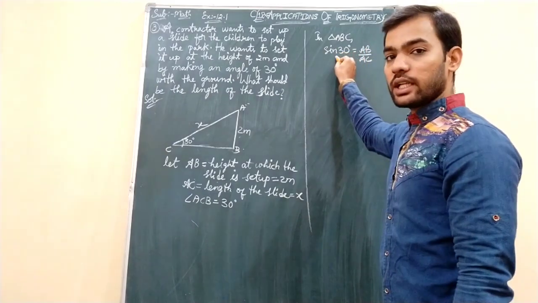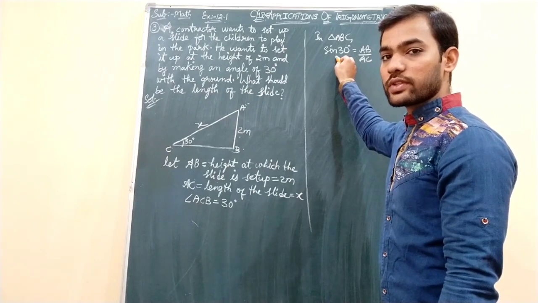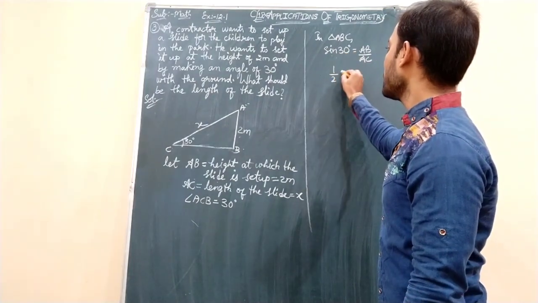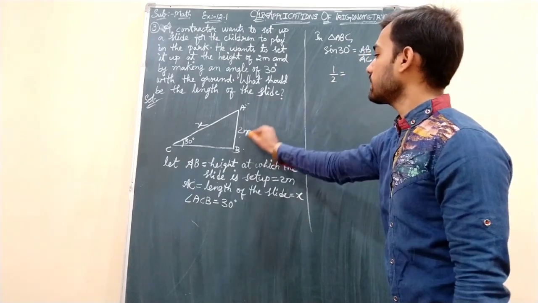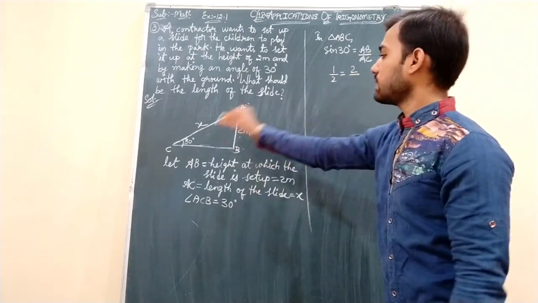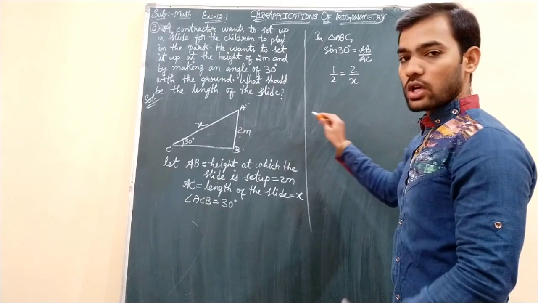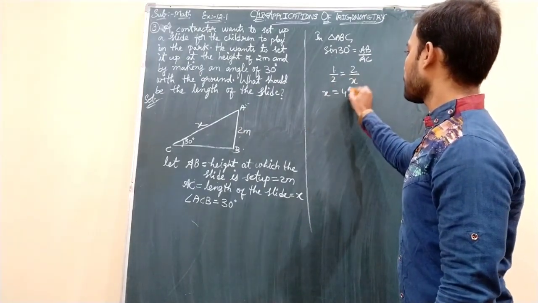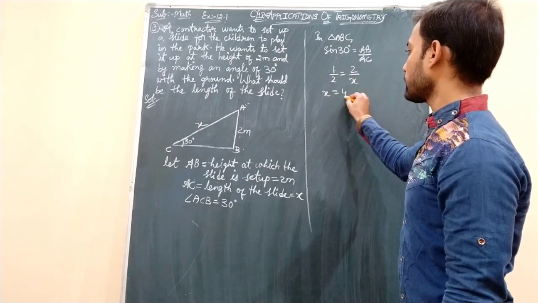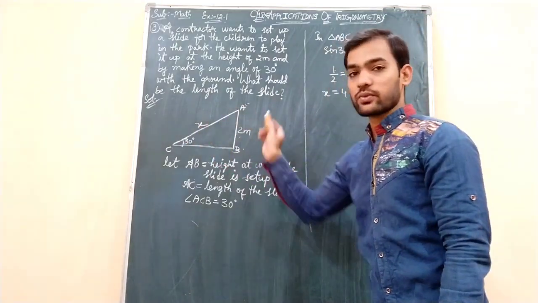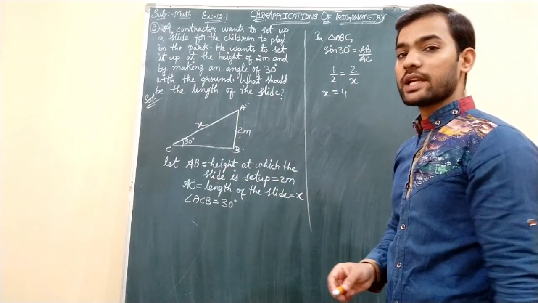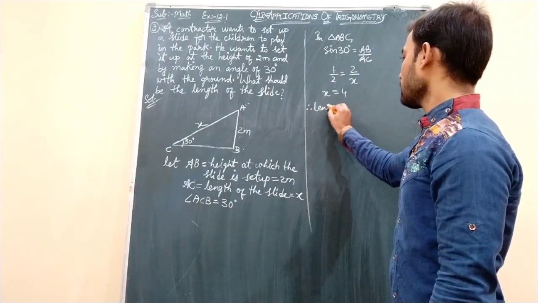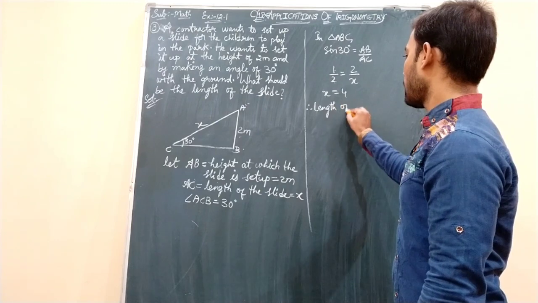The value of sine 30, when you observe the trigonometric ratios of specific angles table, you will get the value of sine 30 as 1 by 2, equals AB is 2 and AC we took as X. Now cross multiplying, X ones are X, 2 twos are 4. X ones are X, 2 twos are 4. So the value of X we got as 4, that is nothing but the length of the slide should be 4 meter.